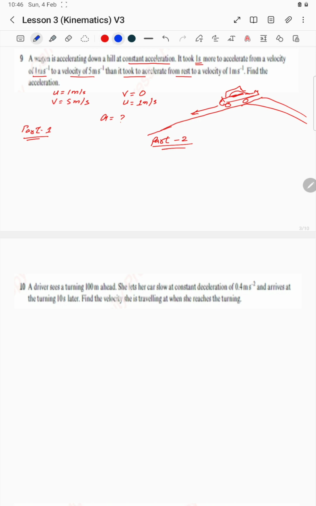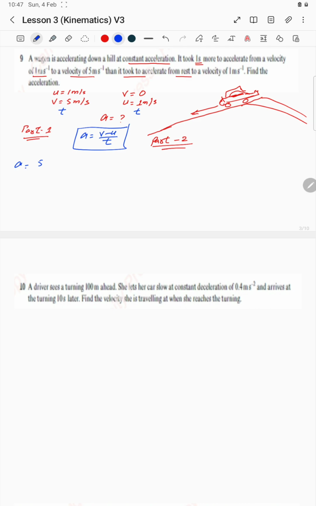We will deal with these two scenarios. First one: we know that a is equal to (v minus u) by t, right? We know this formula from Newton's first equation of motion. So here, first part, v is 5 and u is 1. Time, we don't have time, t is not clear for both cases.